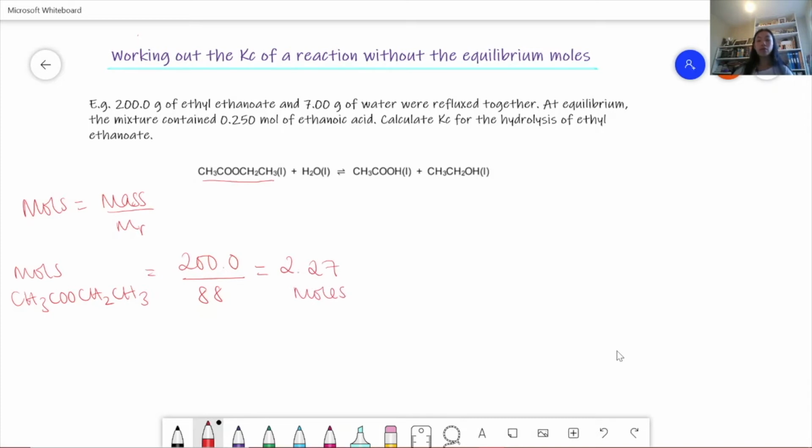And then we do the same with water. So the moles of water is equal to 7 grams divided by the Mr of water, which is 18 because it's 16 plus 2. And that comes out to be 0.389 moles. And so now we can work out the equilibrium moles.